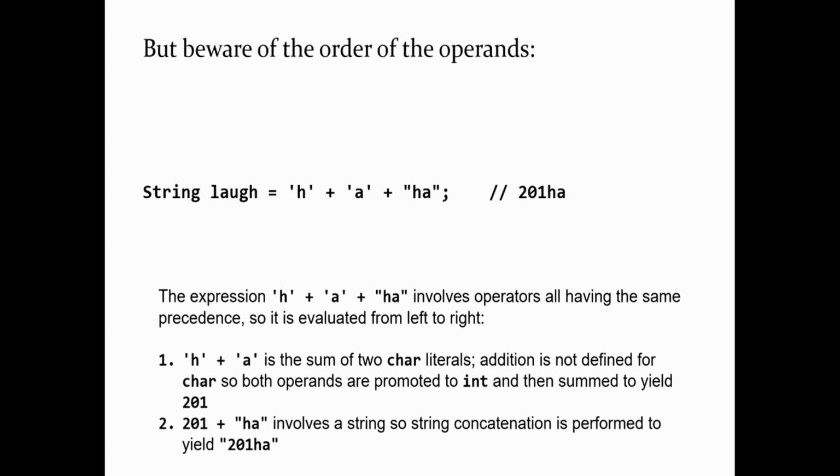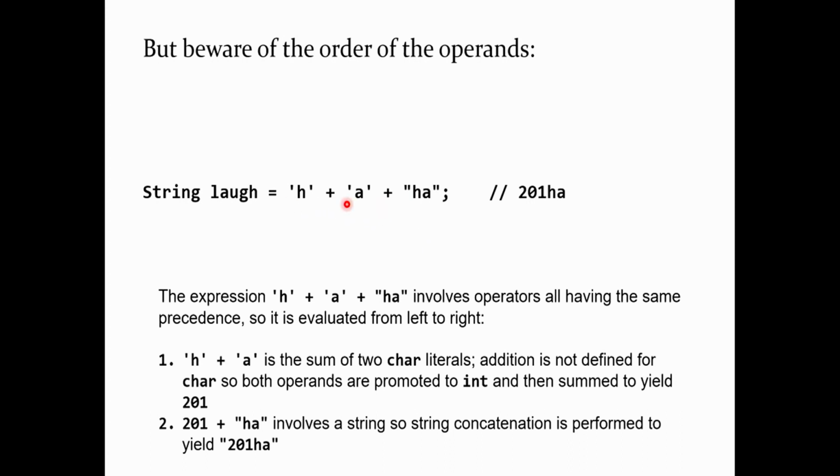So if you try to do something like the following, it doesn't work, even though there's a concatenation with a string at the end here. If I start with the char H and the char A, and then add the string HA, Java says, well, I've got plus plus, so I'm going to go left to right.